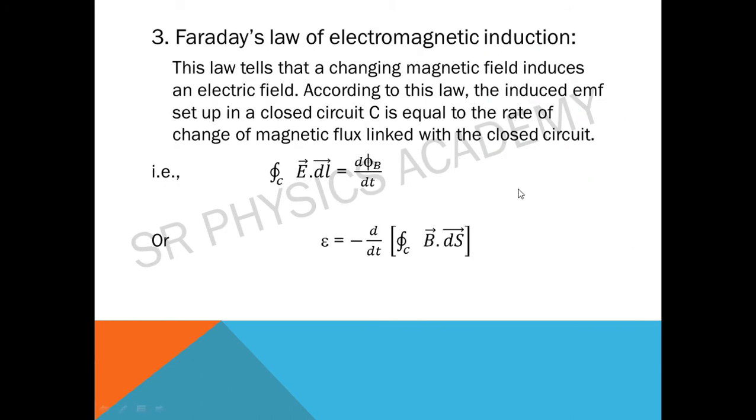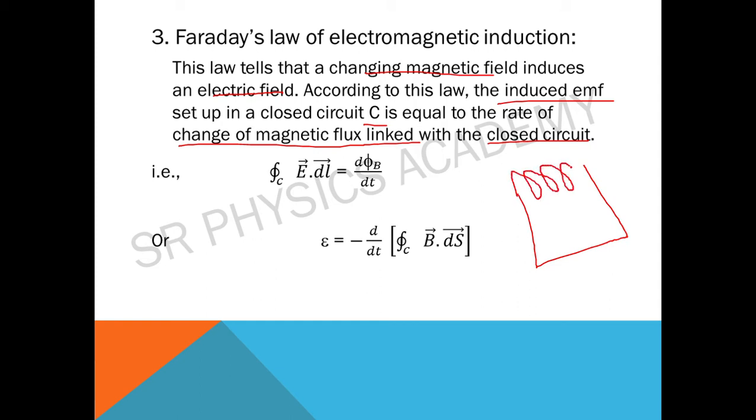Faraday's law of electromagnetic induction. This law tells that the changing magnetic field induces an electric field. According to this law, the induced EMF set up in a closed circuit C is equal to the rate of change of magnetic flux linked with the closed circuit. For example, let us take a coil and an ammeter is set up here.